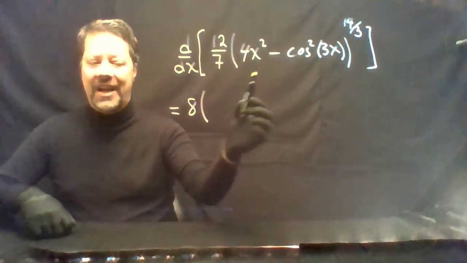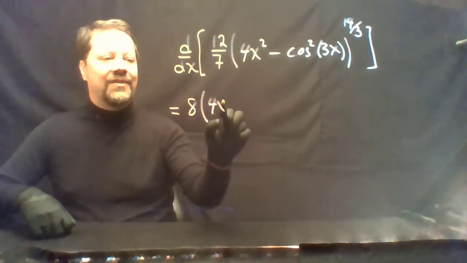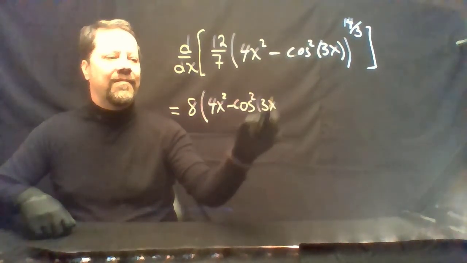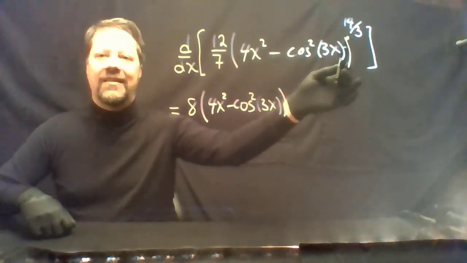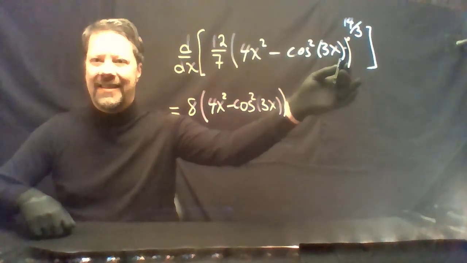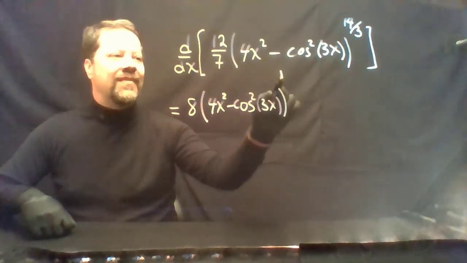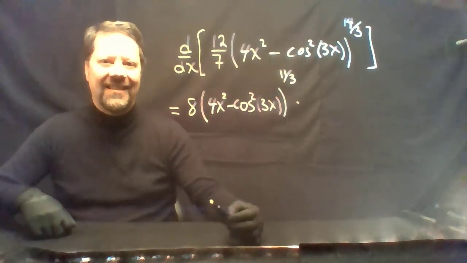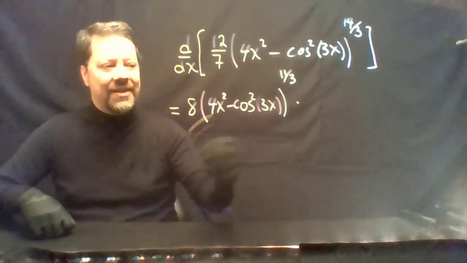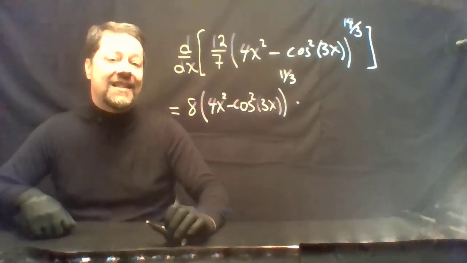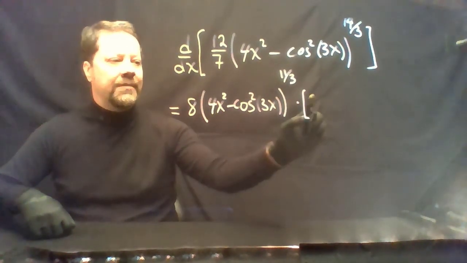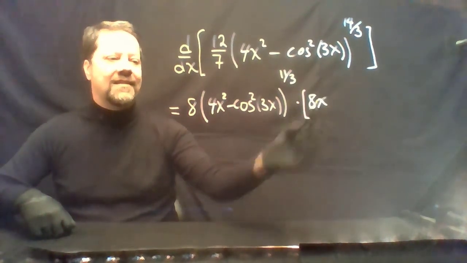Since we're applying the chain rule, we leave the inside alone. And subtract 1 from the exponent. Subtracting 3/3, we'll end up with 11/3. Then, by the chain rule, we must multiply by the derivative of the inside. The derivative of the first term is clearly 8x.